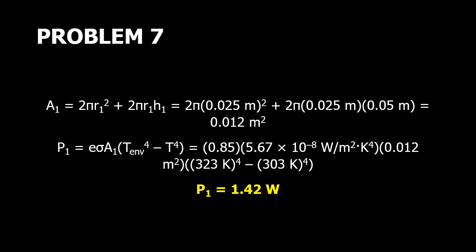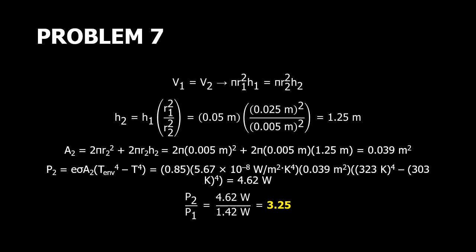For the temperature of the cylinder, it is 30 degrees plus 273 equals 303 Kelvin. You raise both temperatures to 4 and find their difference. If you calculate that, the radiation is equal to 1.42 joules per second or 1.42 watts.